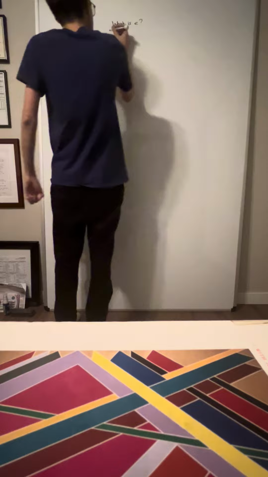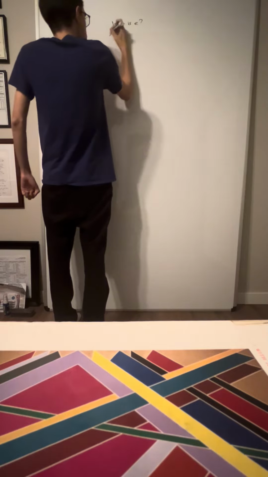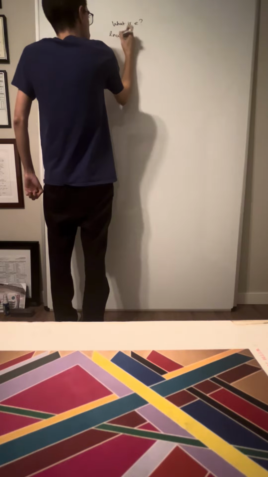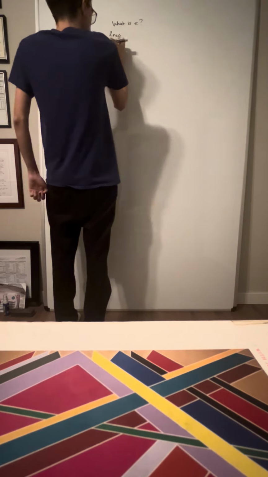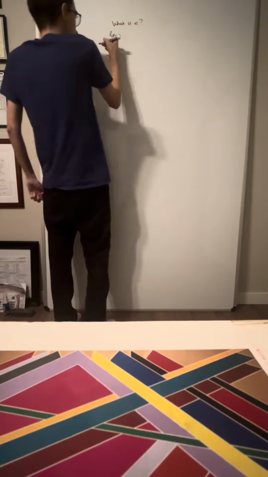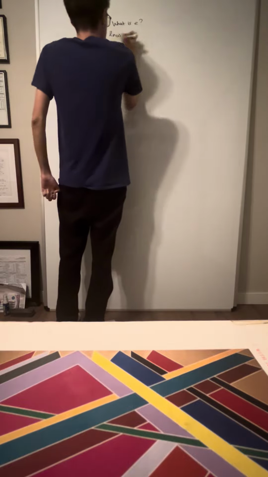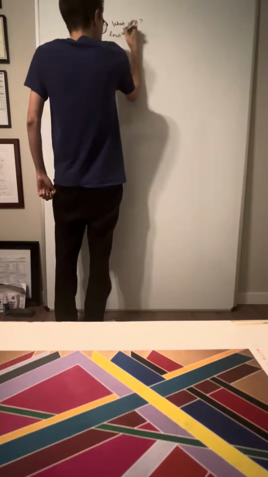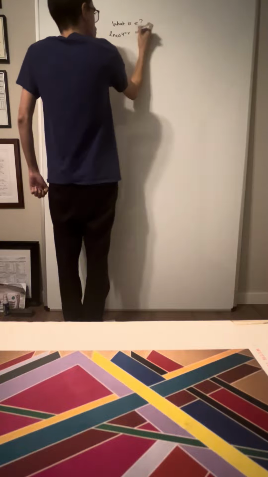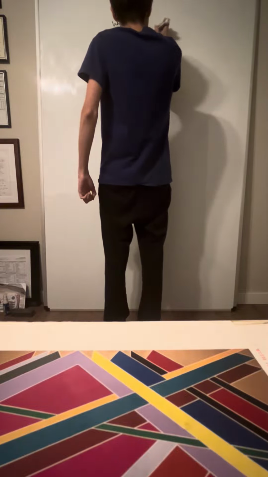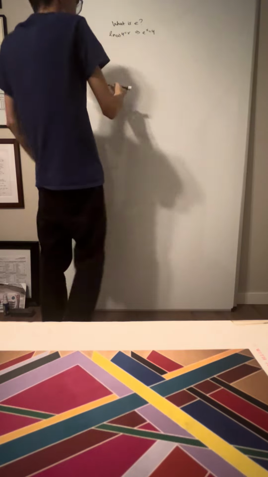So e is commonly used as the base of the natural logarithm. So ln is log base e, and we usually omit that because base e is assumed if you're using a natural logarithm. So the natural logarithm base e of y equals x, or in other words, e to the x equals y.